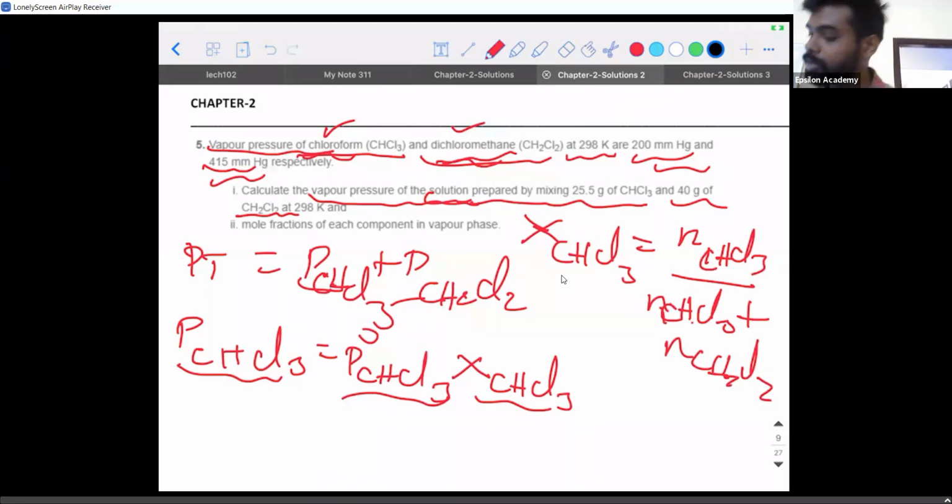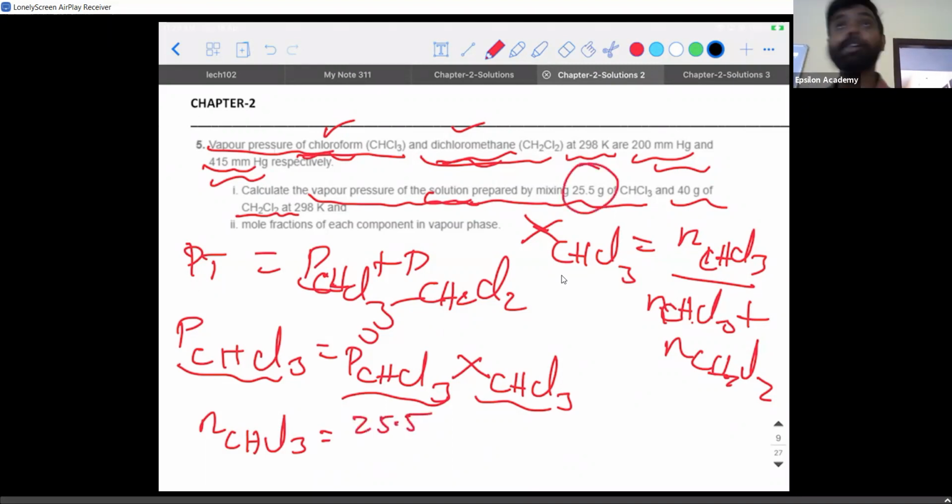Number of moles of CHCl3 will be equal to, what is the given mass of CHCl3? It's 25.5, that is the given mass. Divided by molecular mass, which would be 12 plus 1 plus 106.5, how much? 119.5.